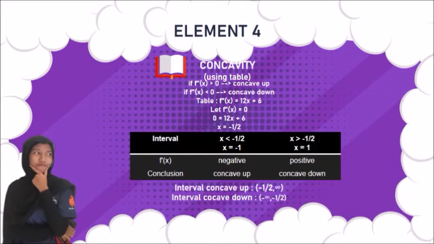Element 4. Concavity table. f double prime x equals 12x plus 6. Let f double prime x equal to 0. 0 equals 12x plus 6. Please look at the table carefully. So the answer is the interval concave up is -1/2 to infinity, while the interval concave down is -infinity until -1/2.